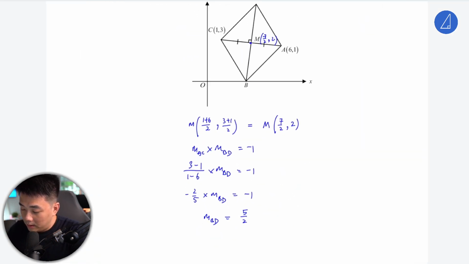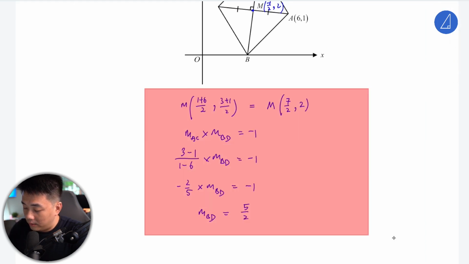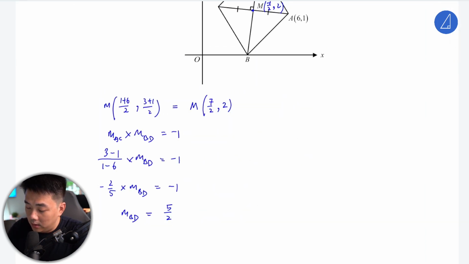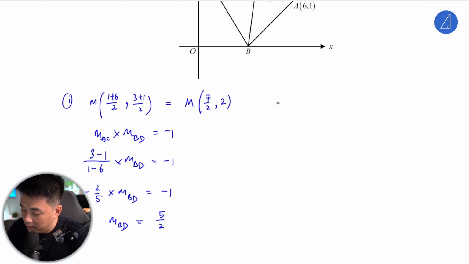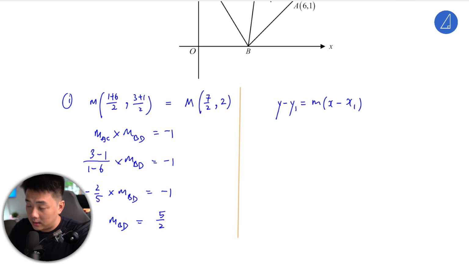Now, once this is done, what we're going to do next is find the equation of BD. We just use y minus y1 equals m times (x minus x1). Usually I'll just use this for my equation of line because it's easier. So we use y minus 2, because it passes through this point here, m is 5 over 2, x minus 7 over 2.